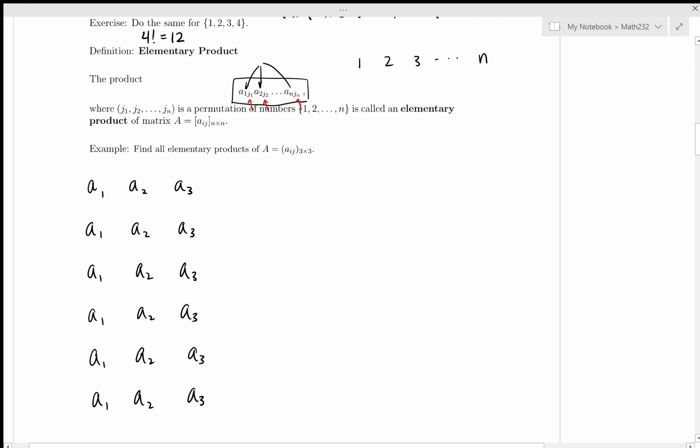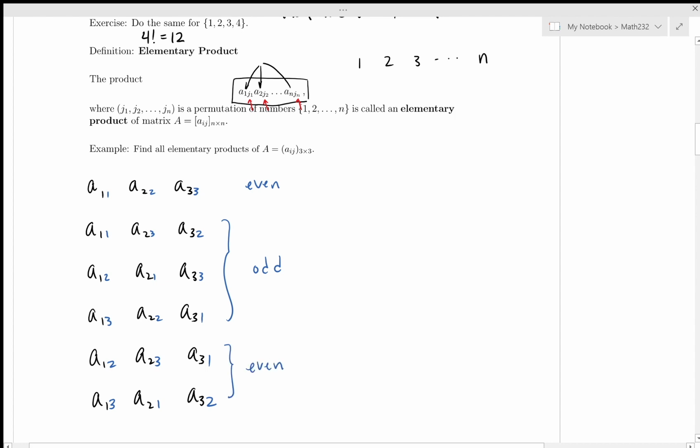So I'm filling in the second index with each one of my permutations: 1, 2, 3; 1, 3, 2; 2, 1, 3; 3, 2, 1; 2, 3, 1; and 3, 1, 2. This one was even, these 3 were odd, and then these 2 were even.